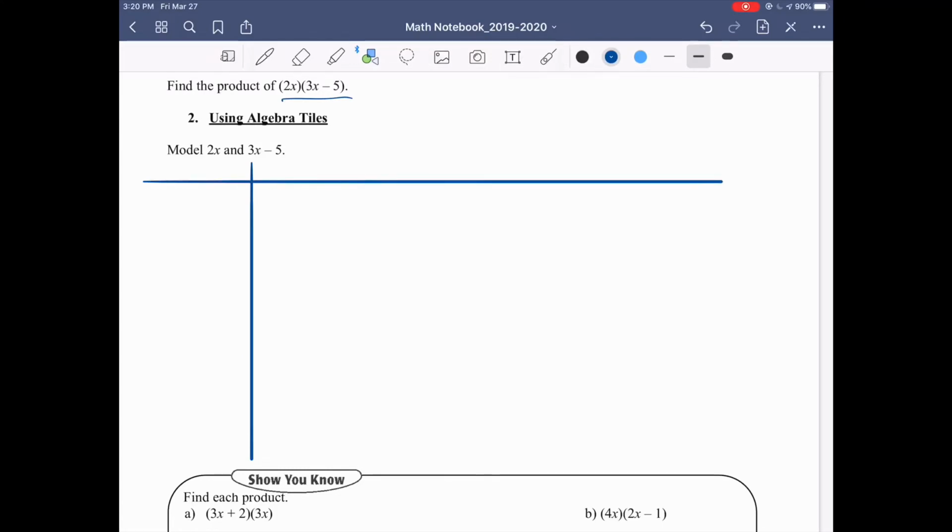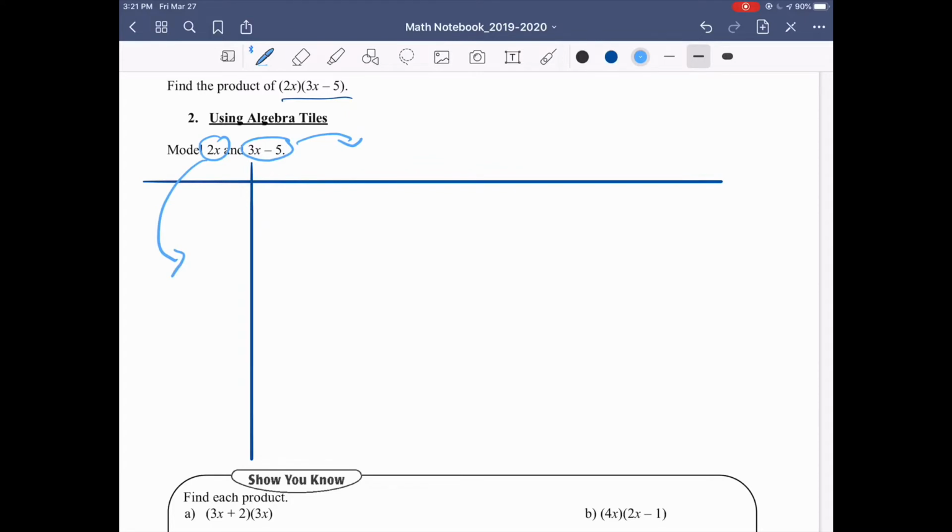It doesn't matter which side you put the monomial and which side you put the binomial on. You can put one on the top and one on the side. For this example, I'm going to put my binomial at the top and my monomial on the side.